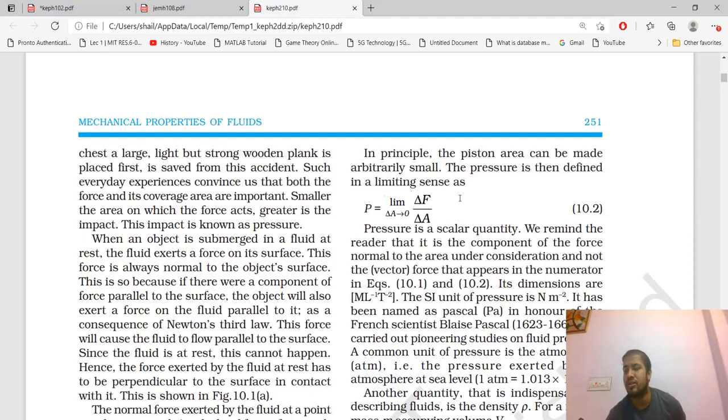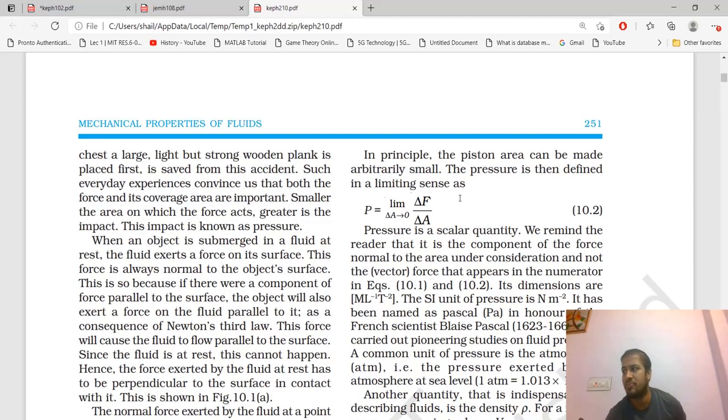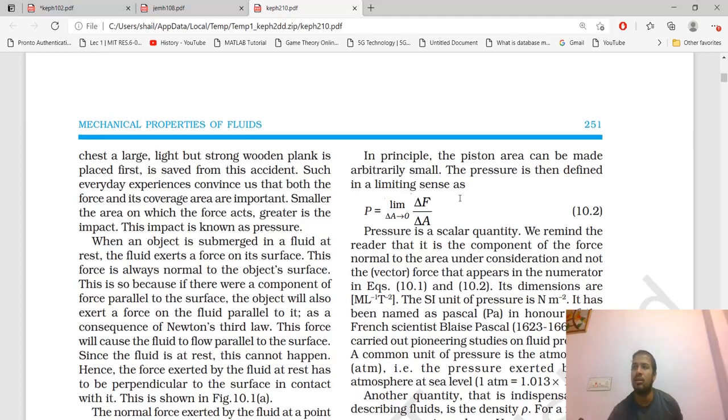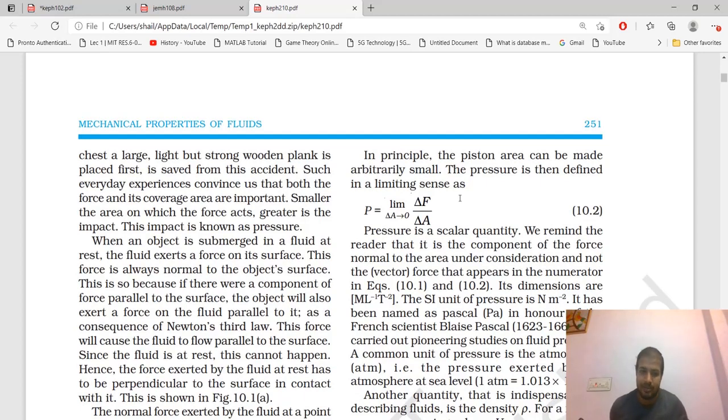But here is the point: if we place a plank on the chest of the human body, and then the elephant stands, like the performer does in the circus, then the chest would not crack. This shows that the force is not acting on a small surface. That's why the chest doesn't crack. It is acting on the large area of the plank, so the force is distributed.